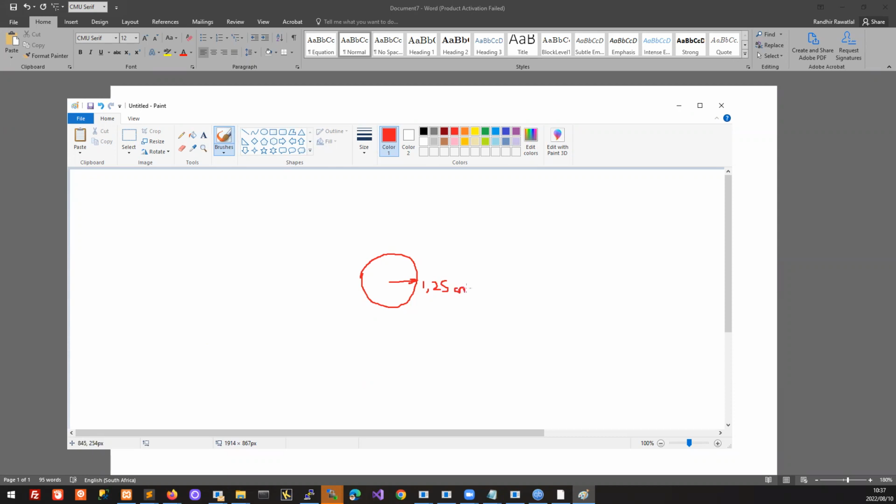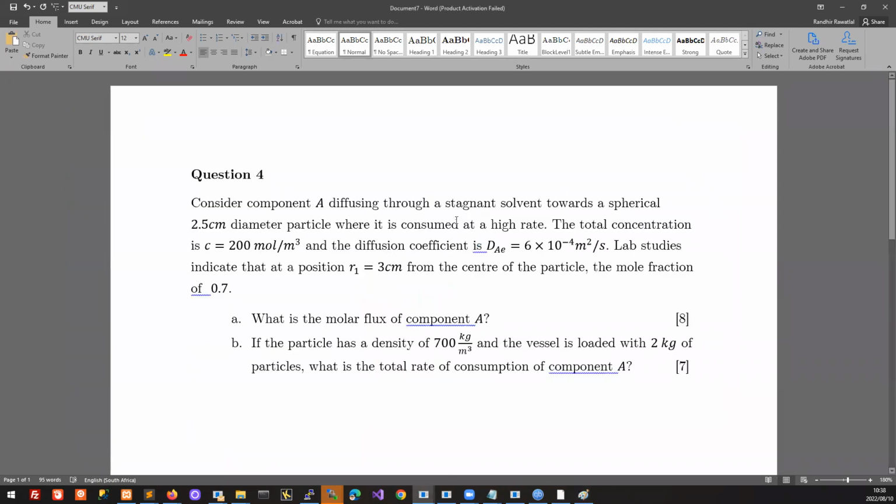And component A is diffusing from the bulk fluid towards this particle. And we are told the reaction, how is it said here? We are told it's consumed at a high rate.